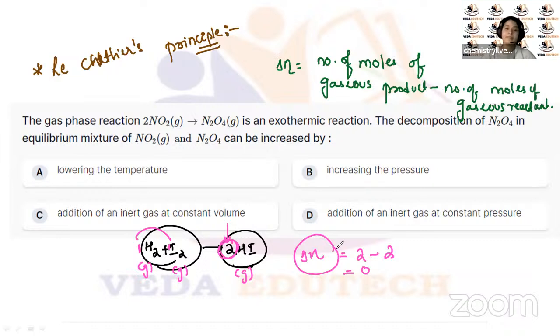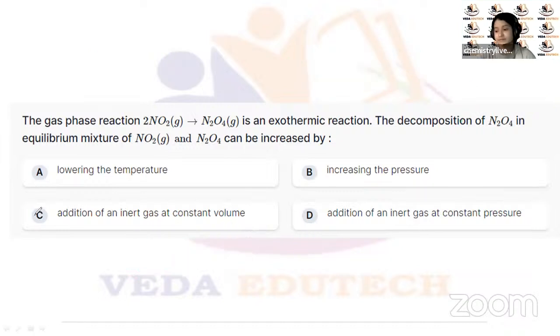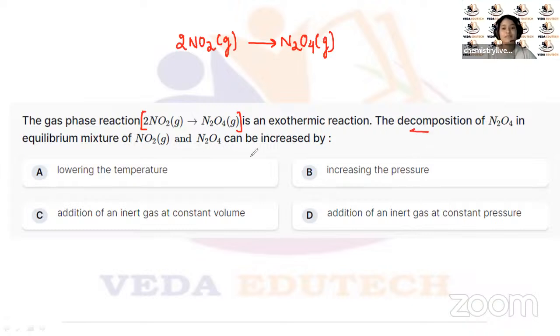Okay. So let's see what is given in this. What is given here? Let us see. It is given here that there is a gas phase reaction. And this is an exothermic reaction. It is telling that the decomposition can be increased by. Decomposition means we have to move towards the product.